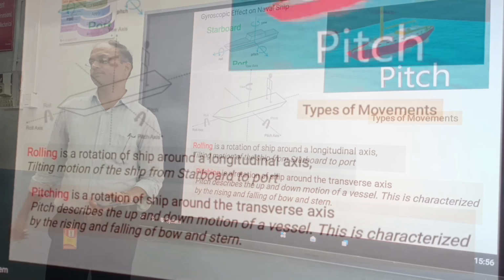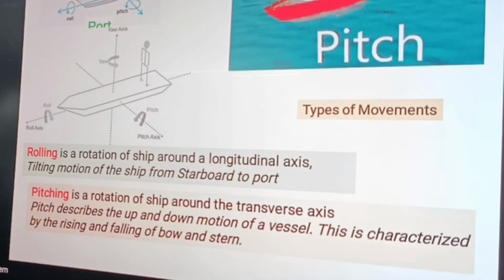Rolling. It is rotation of the ship around the longitudinal axis. That is what? Tilting motion of the ship.